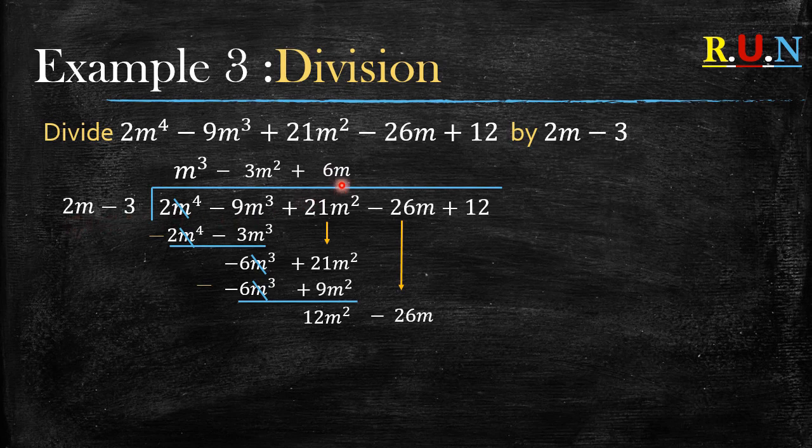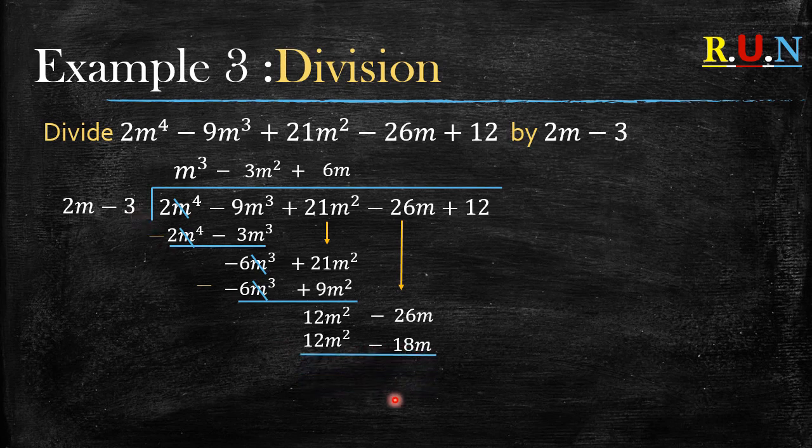It will give us 6m. Okay? And then 6m, which is our answer, multiplied again with 2m, will give us 12m squared. And then 6m multiplied again with negative 3 gives us a negative 18m.